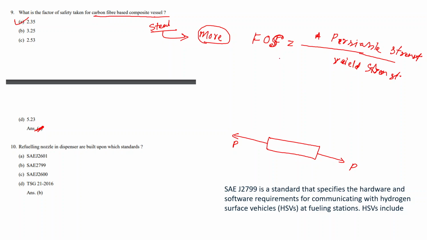So generally what is desirable, we will not design the tank at that value. We will always keep some higher value for design purposes. Because we will not go to the exact value of yield strength. If we go to the exact value of yield strength, then you have to keep some safety assurance.